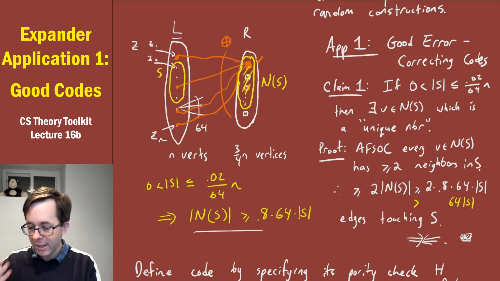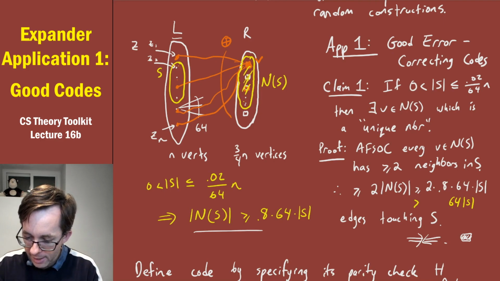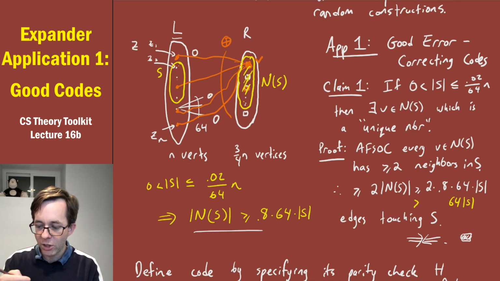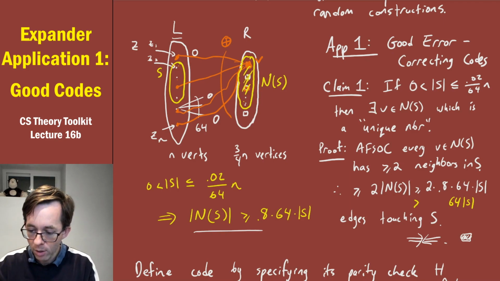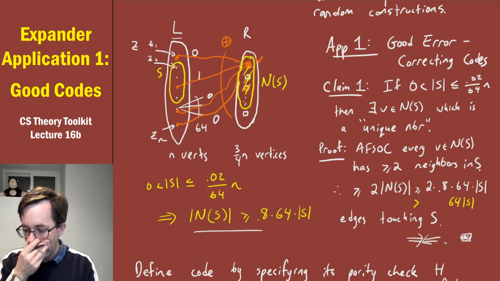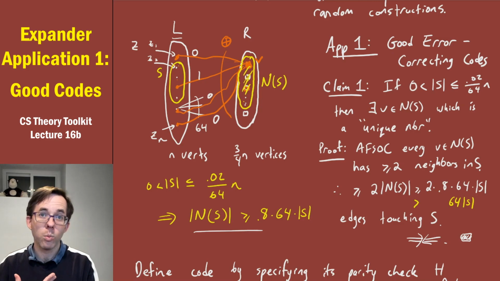But remember, the set S is all those vertices where z has the coordinate 1. So the label here is 0, and this one is 0, and this one is 0, and all the edges that go to something not in S get 0. But the single unique edge that goes back to S gets 1. So the XOR is 1, which means the parity check did not pass. So that proves it's not a code word.